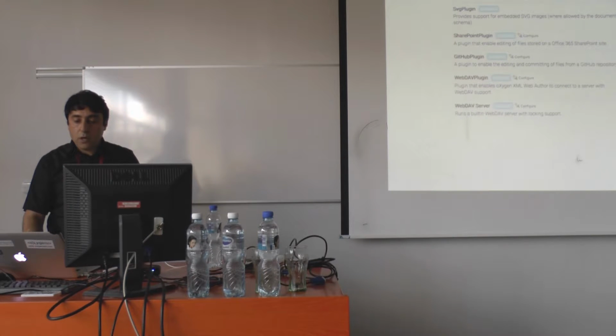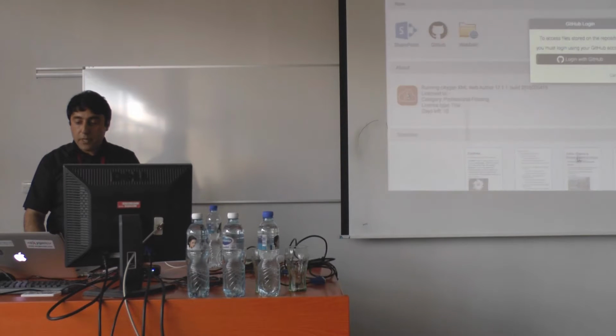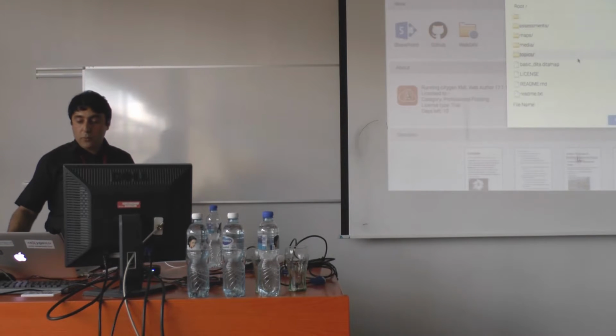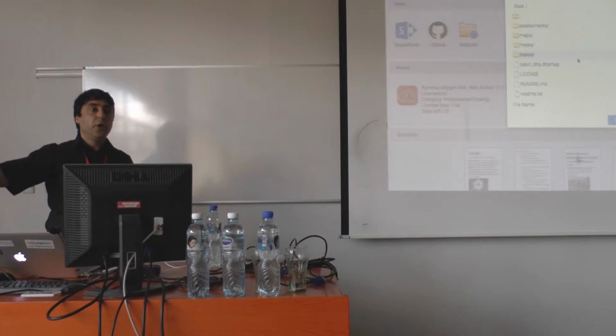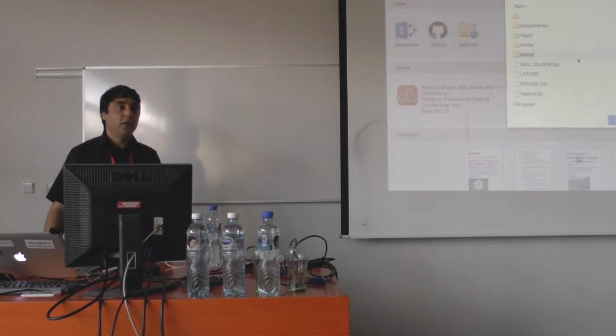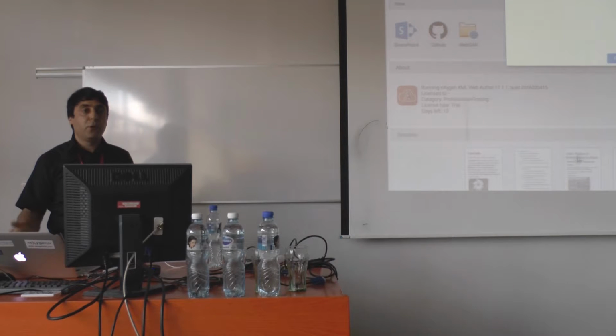Now, if we go back to the dashboard and use the GitHub, it says log in with GitHub. It gets me to GitHub to log in. You enter your user and password, but I have my user and password automatically remembered for GitHub, so it just gets me access to my GitHub repositories.